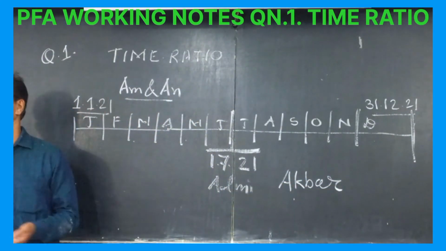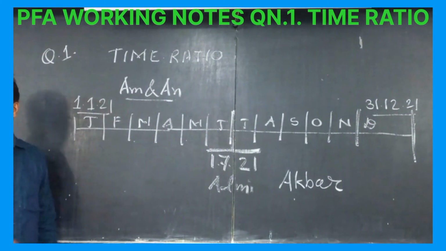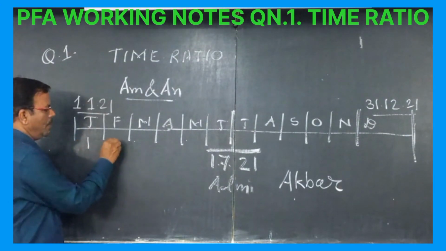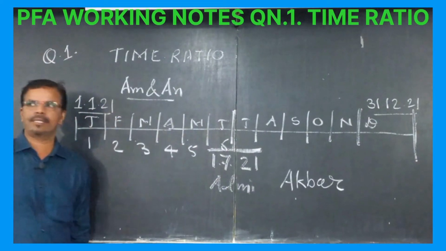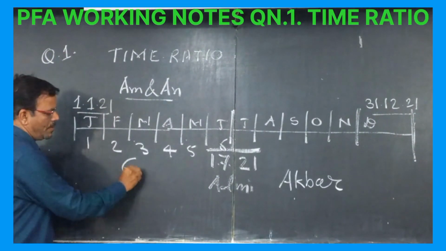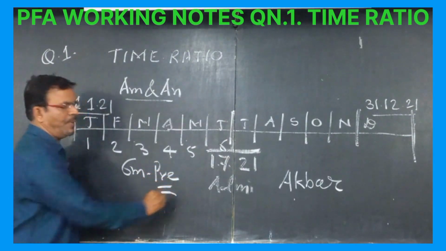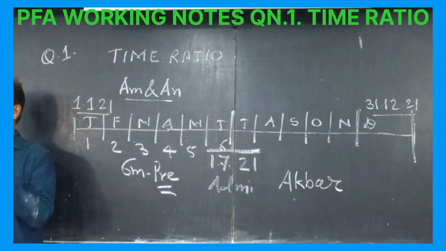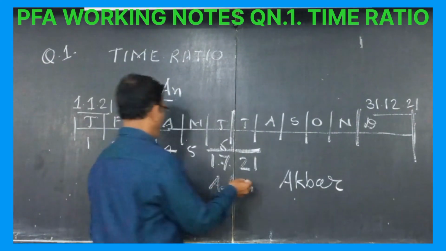Before the admission of the partner, 1, 2, 3, 4, 5 and 6, these are the 6 months, and this period is known as the pre-period.